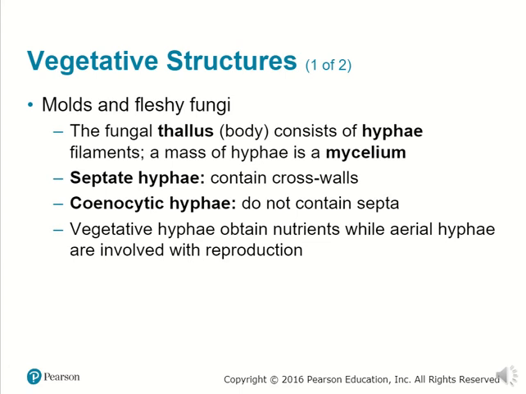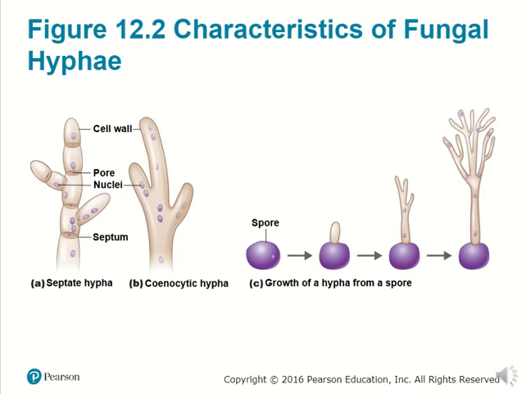There are septate hyphae, which contain cross walls, and coenocytic hyphae, which do not contain septa or perforations, separations. There are also vegetative hyphae, which contain nutrients, while aerial hyphae are involved with reproduction or the dispersal of spores. Characteristics of fungal hyphae.